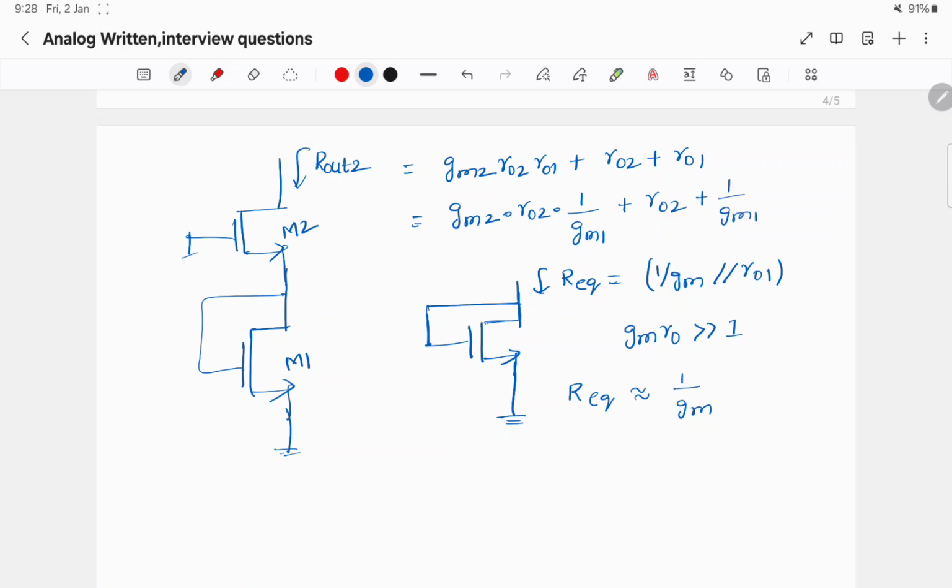They have said that both the GMs are equal in the interview. So both GMs will get cancelled. So RO2 plus RO2 plus 1 by GM1.